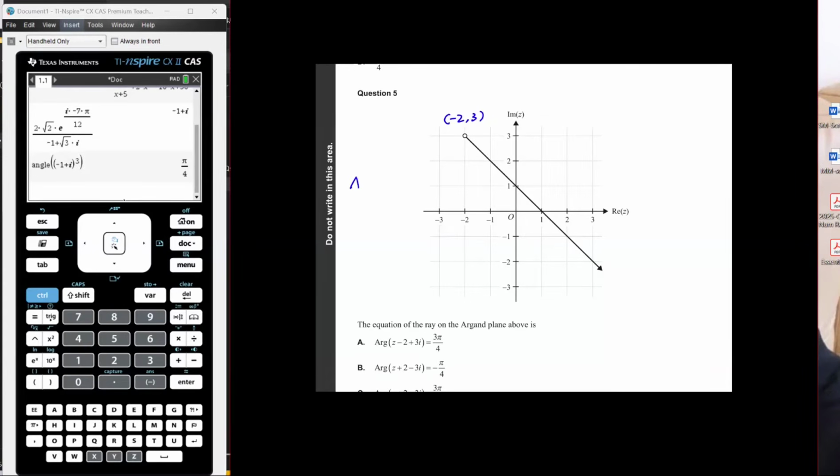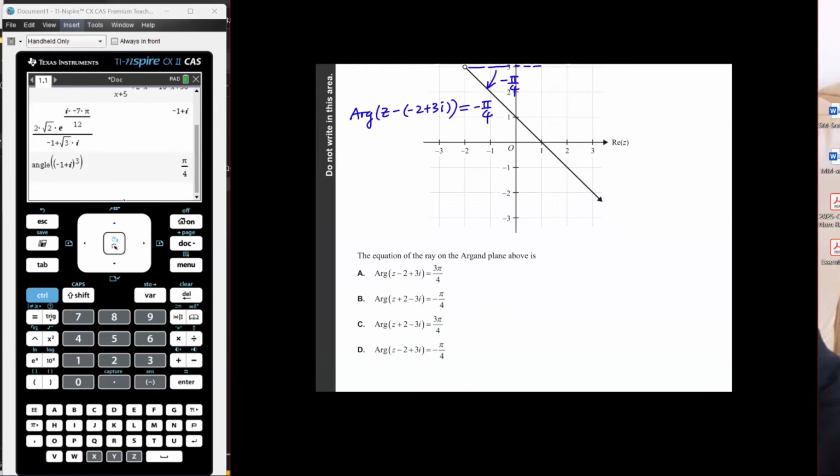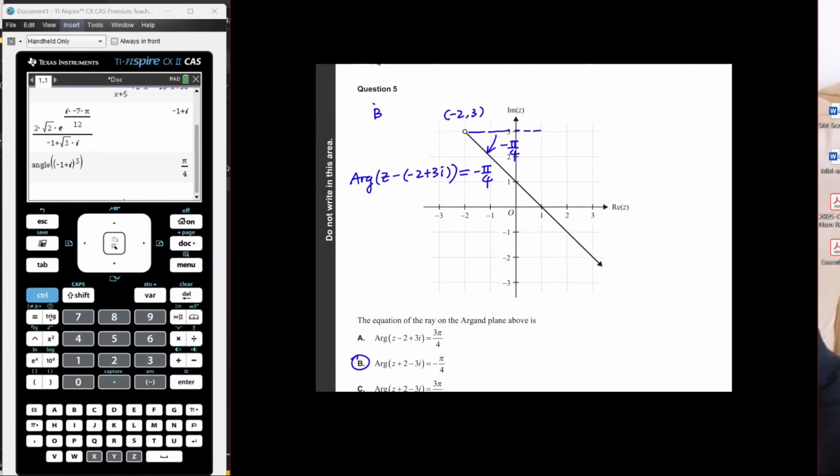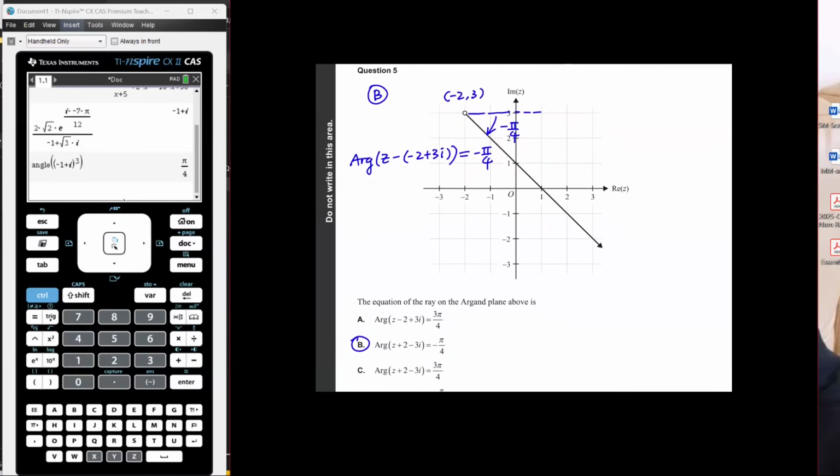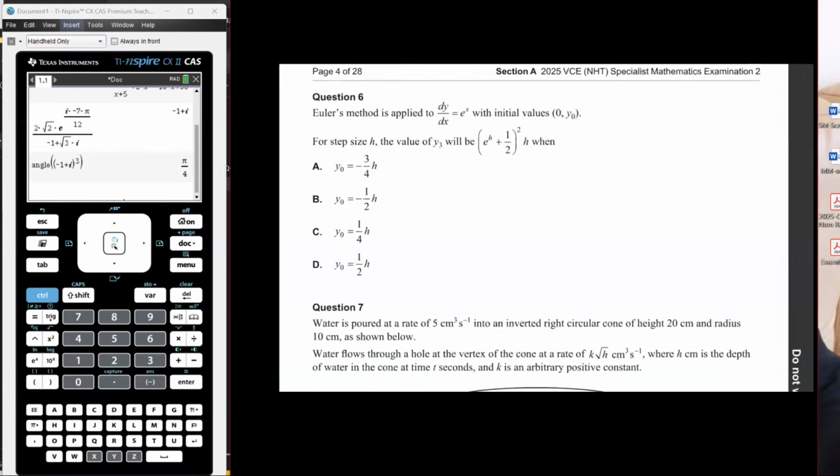So I'm expecting the argument of z minus 2 plus 3i, and then it equals an angle of inclination relative to the horizontal. So this is minus pi over 4. And the argument of z plus 2 minus 3i equals minus pi over 4. So I would think about option B. Option B is the correct answer. Let's move on.